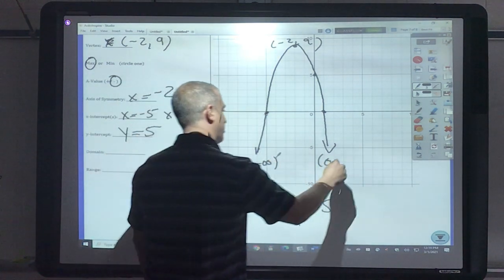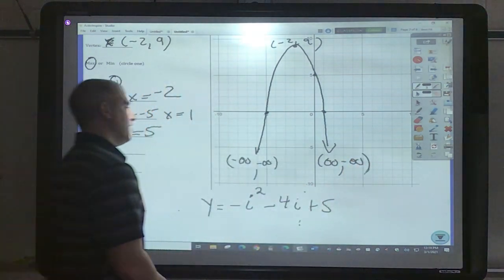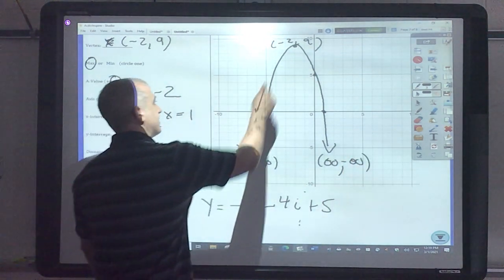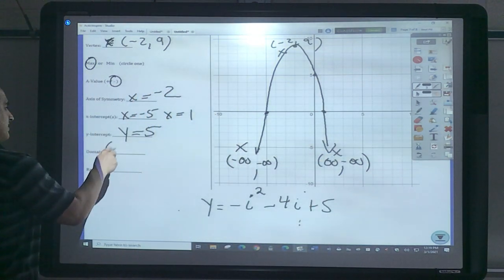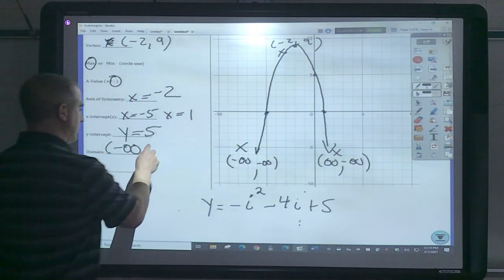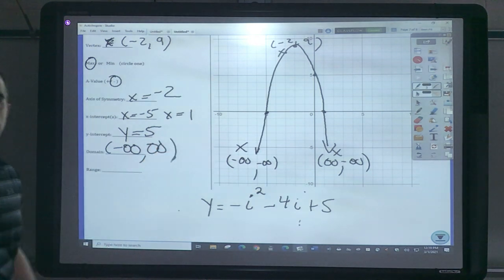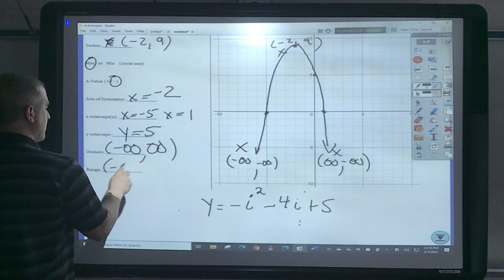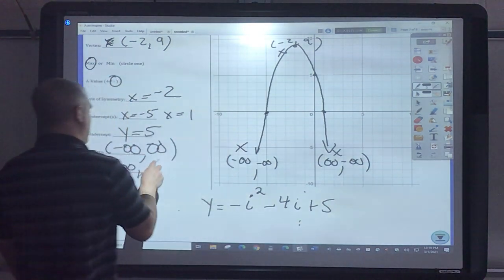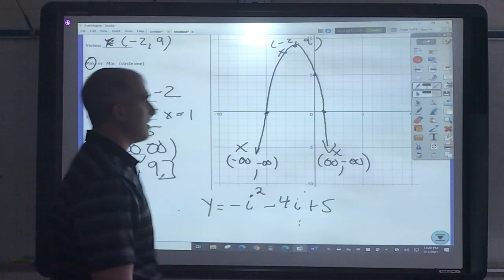Both arrows pointing down. My smallest x value is negative infinity, and the biggest is positive. Okay. My range. My smallest y value is negative infinity. The biggest y value would be 9, closed bracket.